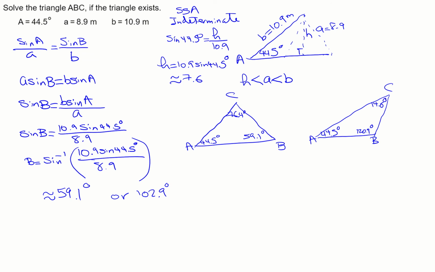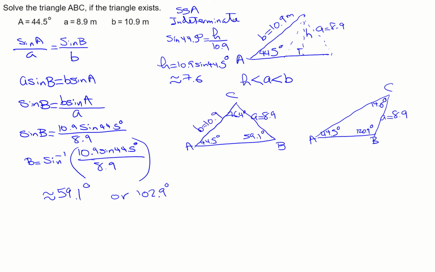Okay, so this is how we end up with two scenarios. So in each one, we already know certain values, correct? We know, for example, A is 8.9, and that goes for both of them. The size of A doesn't change. And B also does not change. B is 10.9 in both of them.